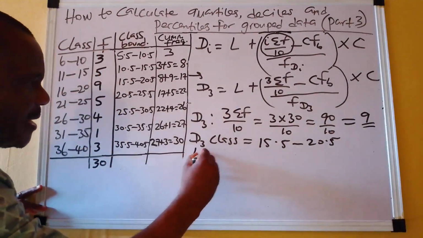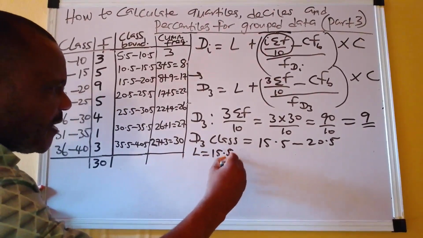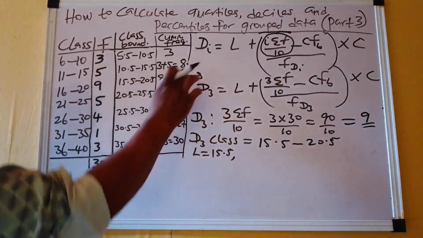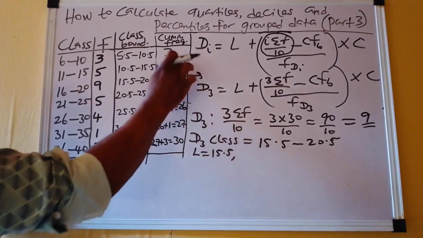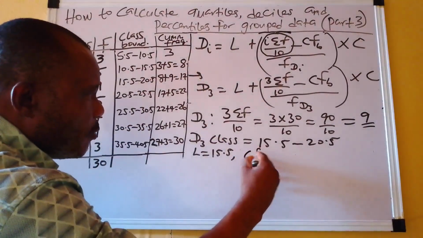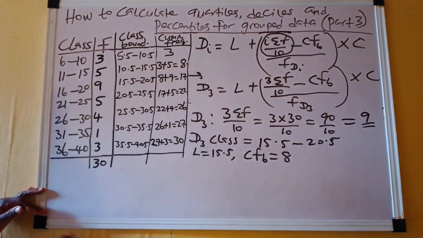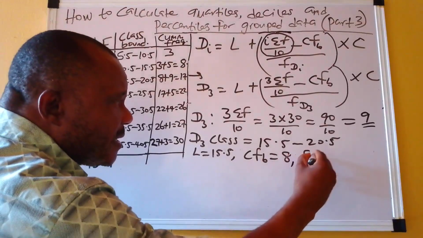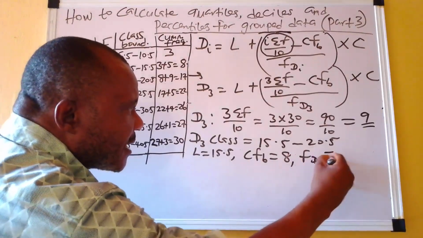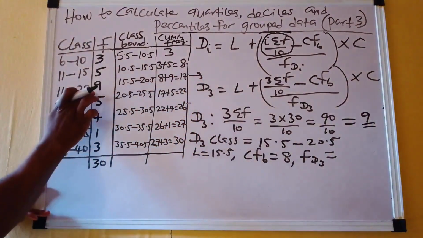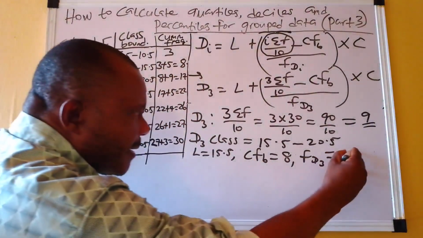Here our L is equal to 15.5. Our cumulative frequency before that class is 8, above 17. And the frequency of the D3 class is 9.